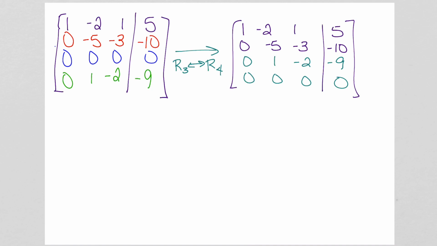Okay. Let's see. Now we need a 1 right there. Notice something. We've already got a 1 in row 3. So the easiest way to get us a 1 in this spot is to switch the 2. So we're just going to take row 2 and row 3 and switch them.